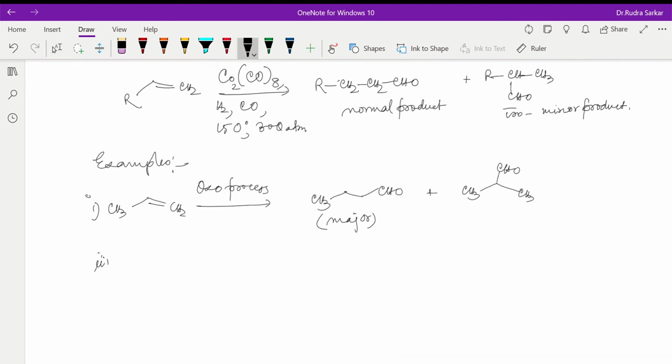Similarly, you try the same thing for this, which is known as basically styrene.